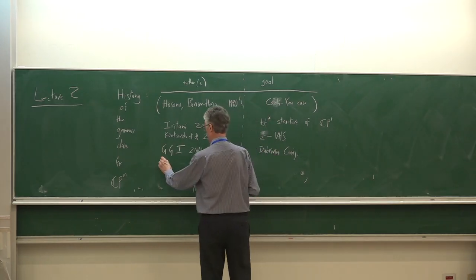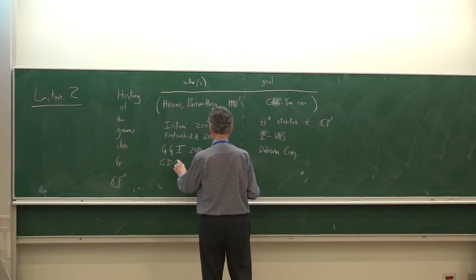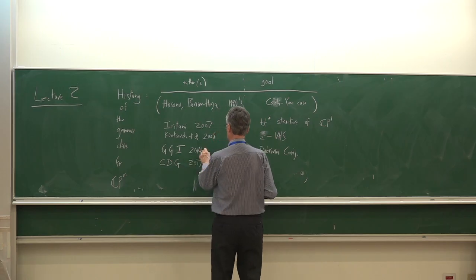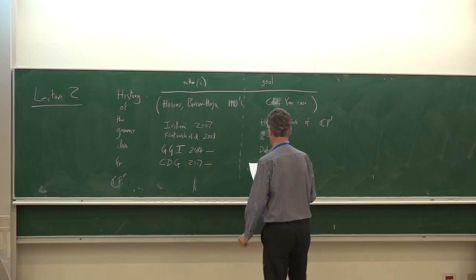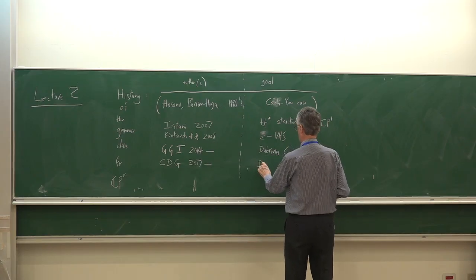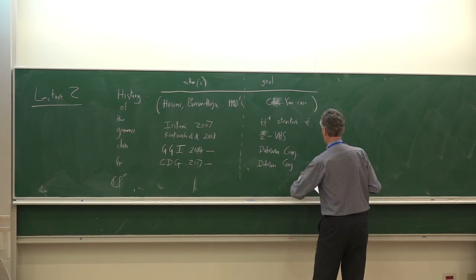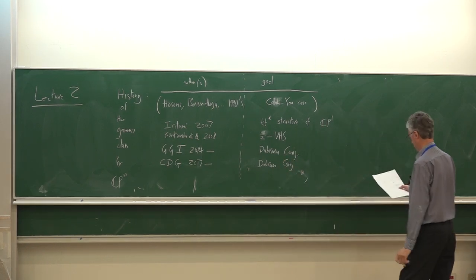And then more recently, there was a paper by Cotti, Dubrovin, Guzzetti. Well, several papers, actually, starting at that time. Each group wrote several papers. They also had the goal of studying the Dubrovin conjecture.